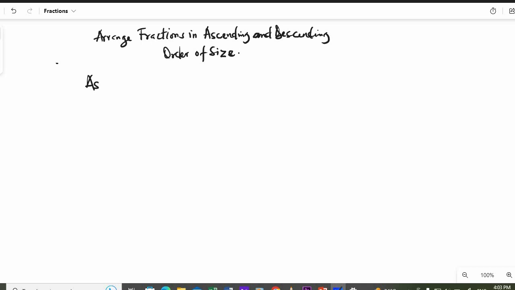Now, the ascending means what? Lowest to biggest, or highest. I think we should say highest here instead.